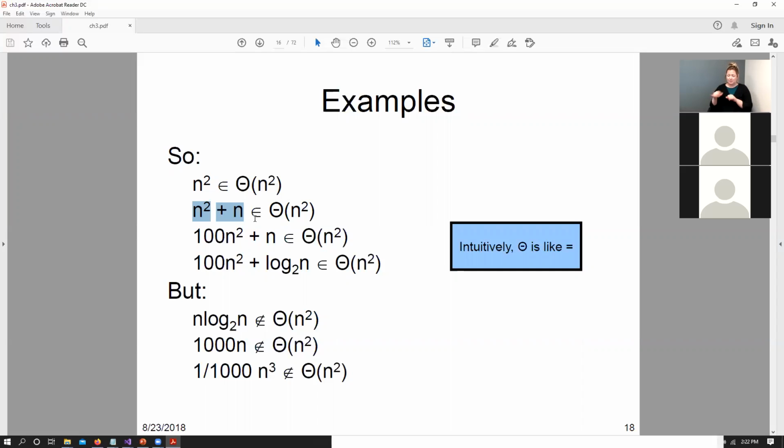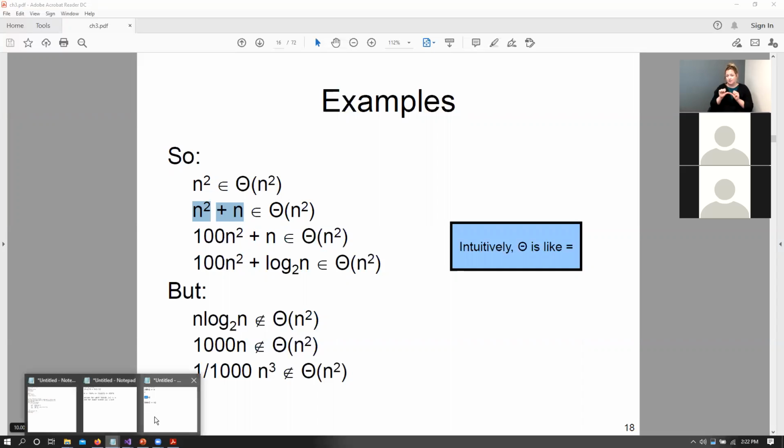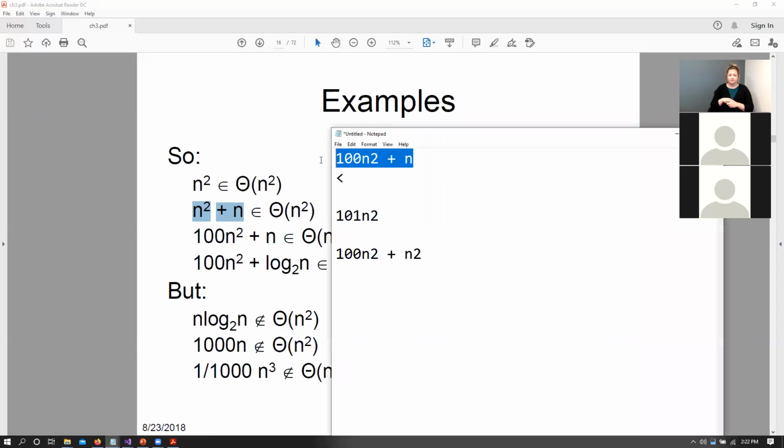The only thing that we are varying is the constant. So for example, if we come back to 100 n squared plus n, we said that the big O of this thing is 100 n squared, that means that is the upper bound, 101 n squared.